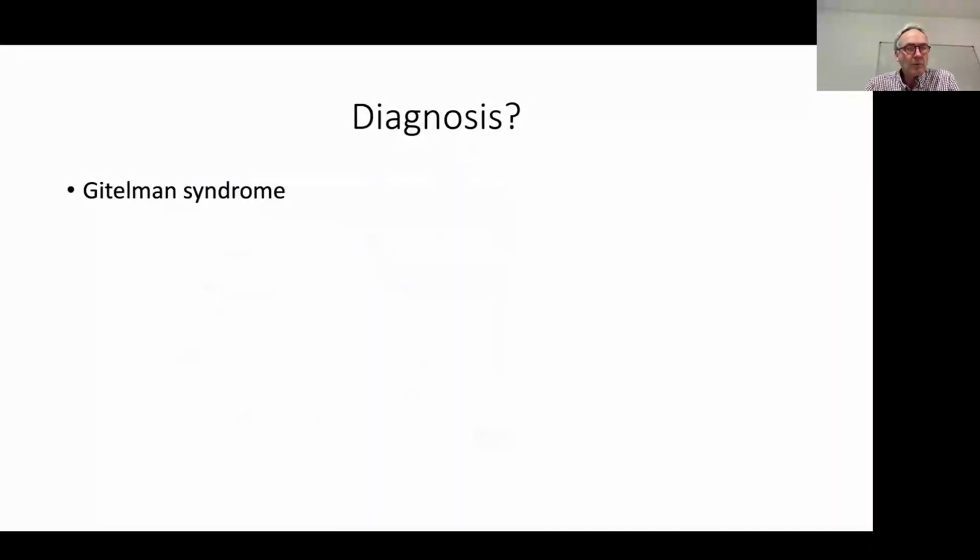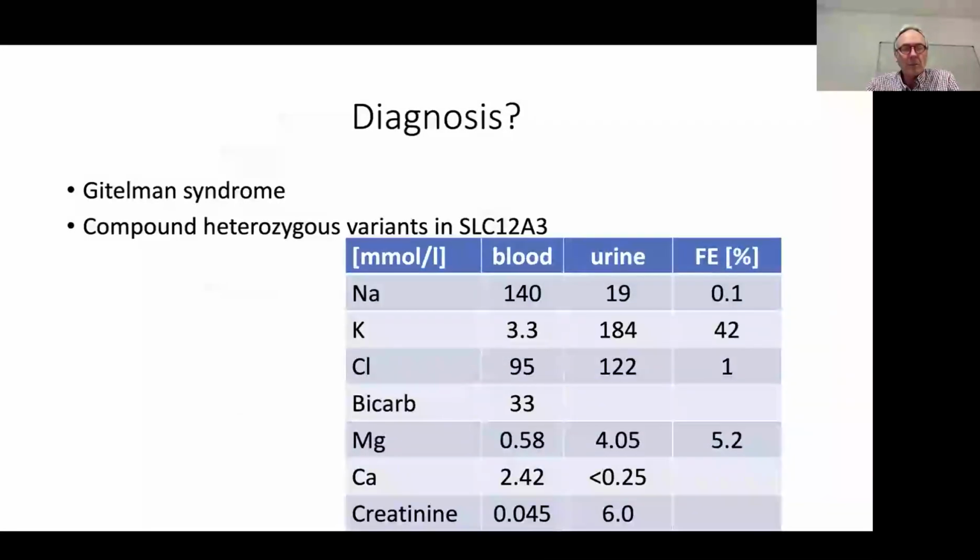And the answer, of course, is that's textbook Gitelman syndrome, right? Hypokalemic alkalosis, hypomagnesemia, hypocalciuria, that's textbook. Indeed, we can confirm it by genetic testing. He has 2 pathogenic variants in the underlying gene SLC12A3, which encodes the sodium chloride cotransporter in the distal convoluted tubule.